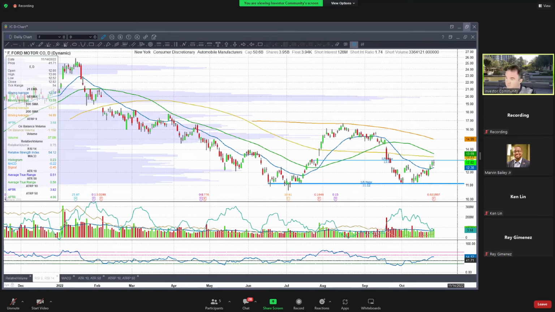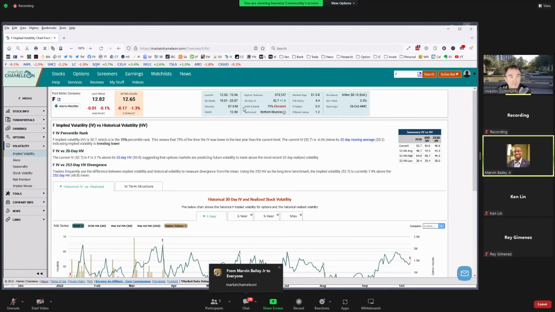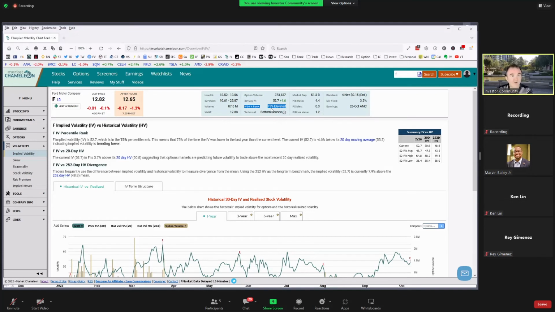Okay, I'm going to bring this over into here for a sec. Hopefully everybody can see this. So you can see our volatility rank is at 75%, meaning volatility right now is higher than it has been 75% of the time over the last year. And that is elevated.